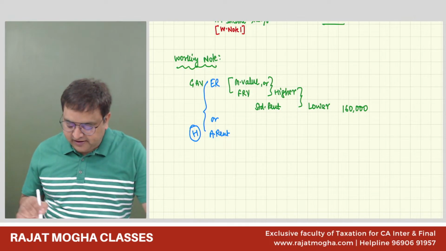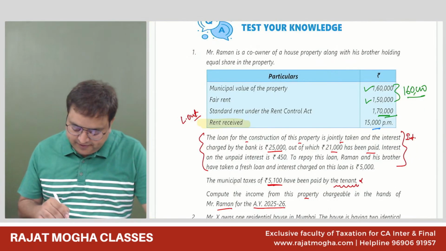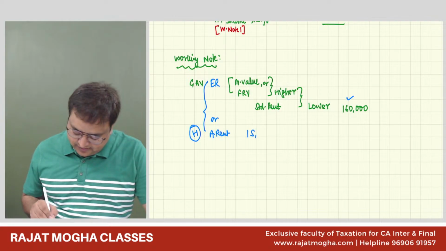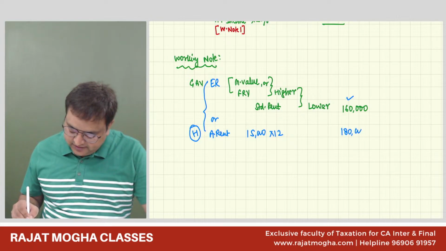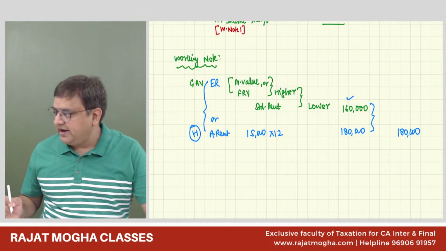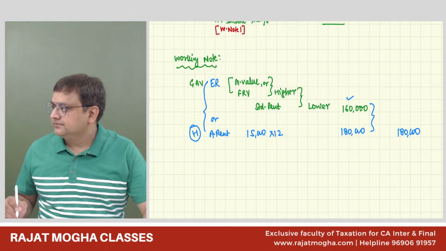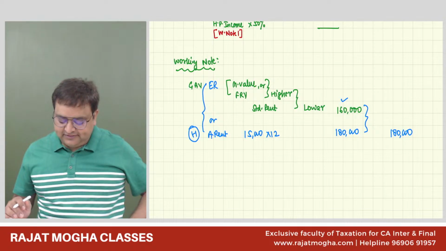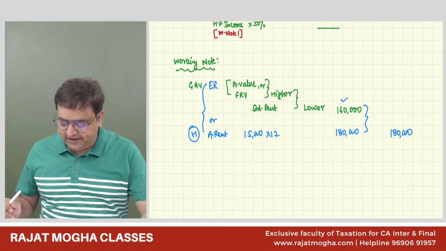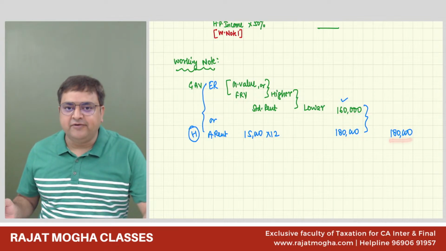So my expected rent is 160 and my actual rent is 15,000 per month, that is 1,80,000, whichever is higher. So it is actually 1,80,000. Everybody understood it? My actual rent is 15,000 into 12, 180. My expected rent is 160, whichever is higher, it would be 1,80,000 rupees.